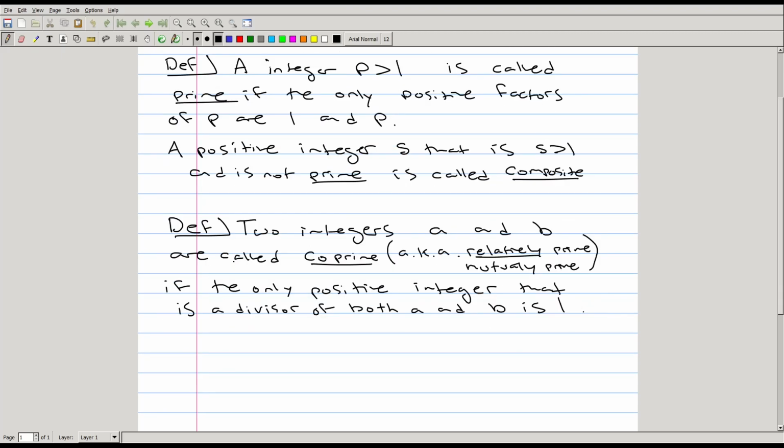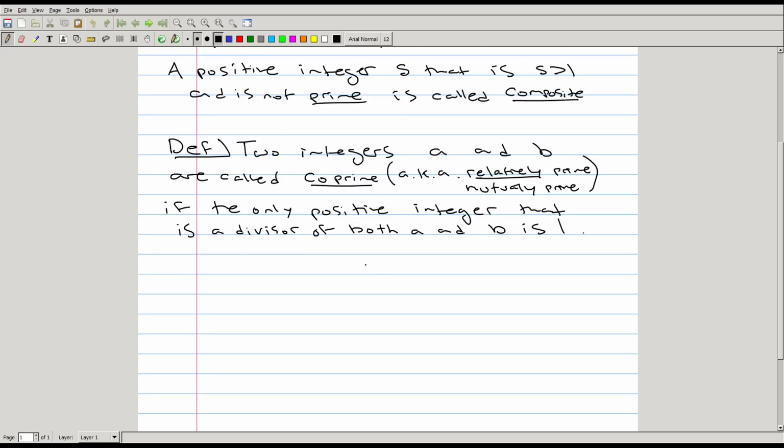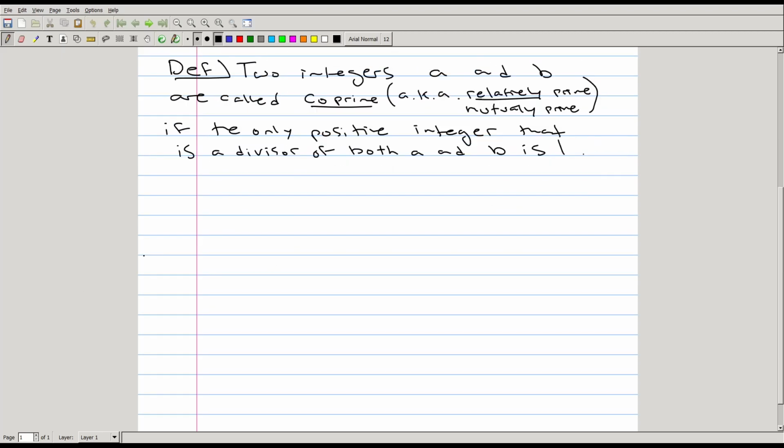We also introduced the definition of coprime, or relatively prime, which means that the only positive integer that is a divisor of both of these two integers, a and b, is 1. These are going to be super important concepts today, and also when we move along into applications such as cryptography.